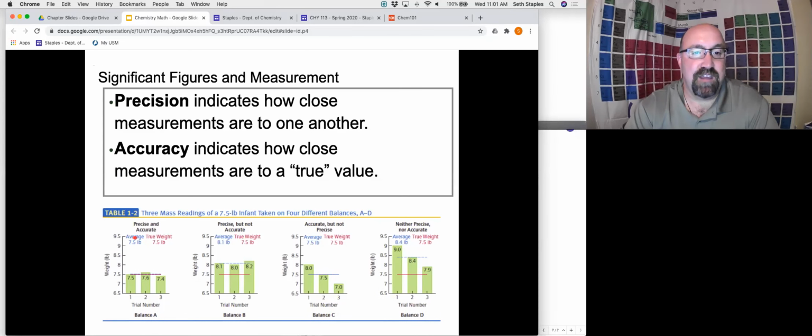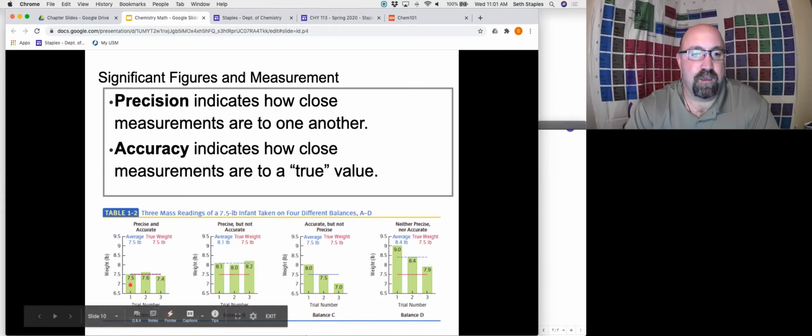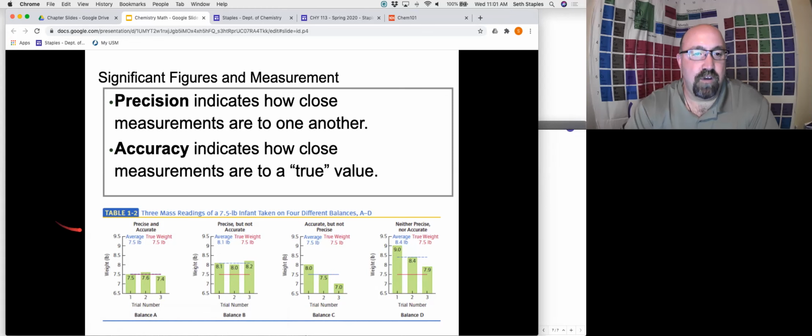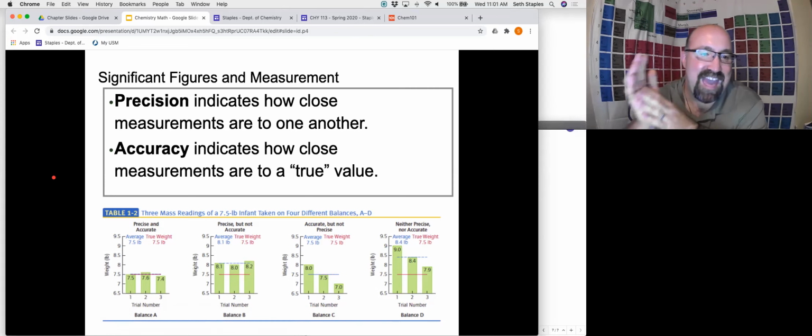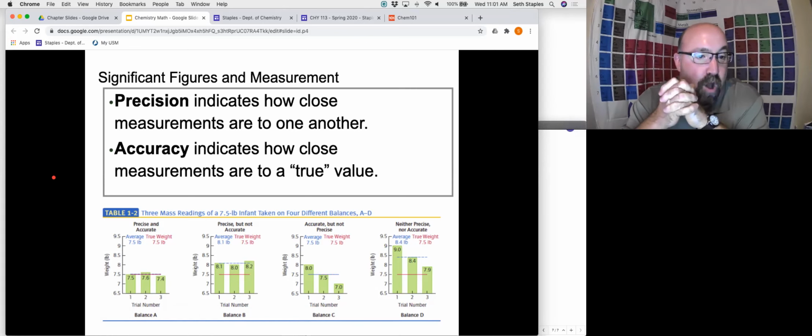We can see this example here. We have 3 mass readings of a 7.5-pound infant taken on 4 different balances. So we can see balance A, B, C, and D here. We look through these different trials, and we can see that on balance A, all the trials really are pretty close to each other.